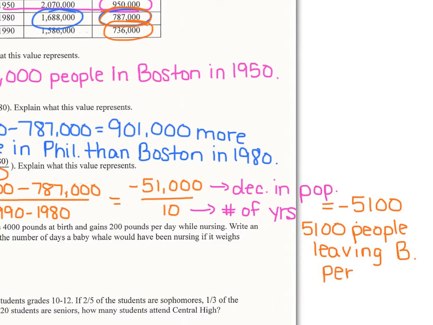That's why we would divide by 10, because that would give us an idea of how many people we are losing each year. Now, if that number were positive up on top, that would be the number that we're increasing per year. But really the important part I want you to get is the per year. When you do this division, what you're really figuring out is, I lost this many people over a time span of 10 years. If I divide that out, how many people am I losing each year?